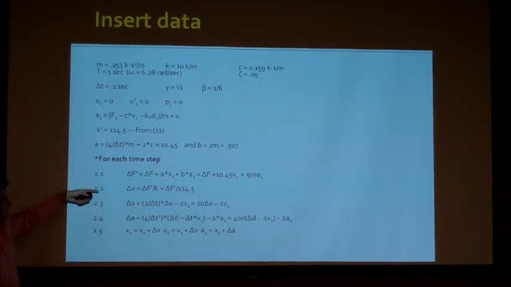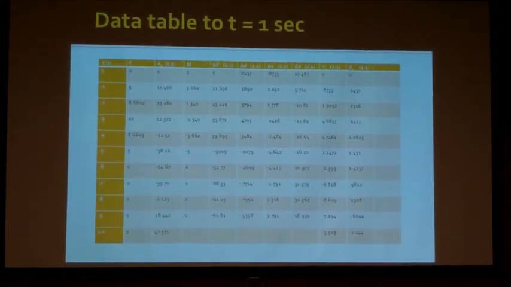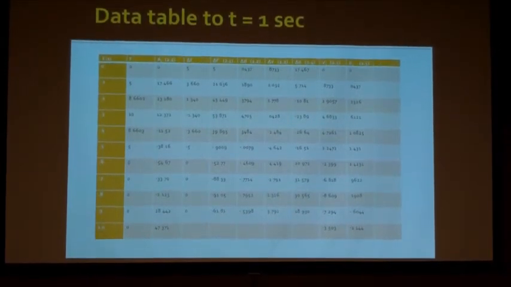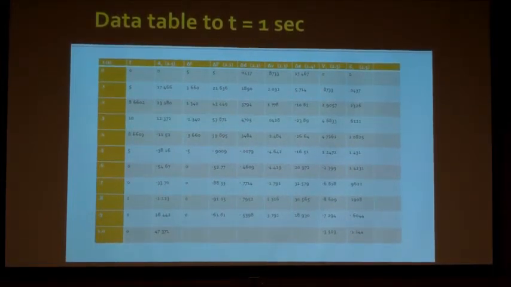Our change in X is going to be that over K. Our change in V, change in acceleration, and our X2, which is how we find the next step. So this is a data table for up to 1 second of everything. And it has our force, the acceleration, the change in force, change in force prime, the change in displacement, the change in velocity, acceleration, and then the velocity and the displacement.